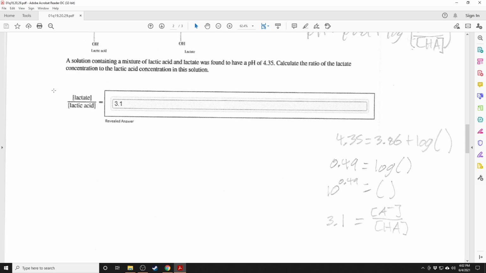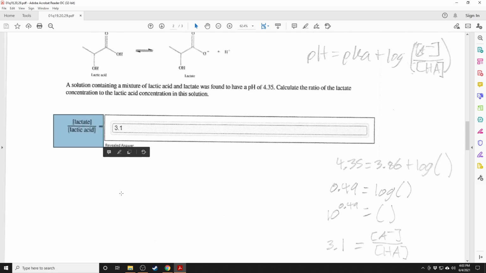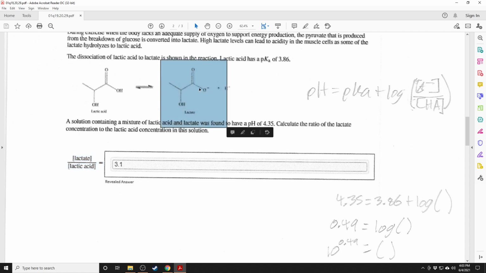Now, if you notice, what this asked for actually is the lactate, which is this. Notice this has lost an H+, so that's your A minus. That's what those things mean. HA and A minus literally means a weak acid, HA. It loses its H+, that would leave you with an A, notice the A, and a minus because you've lost a positive charge.